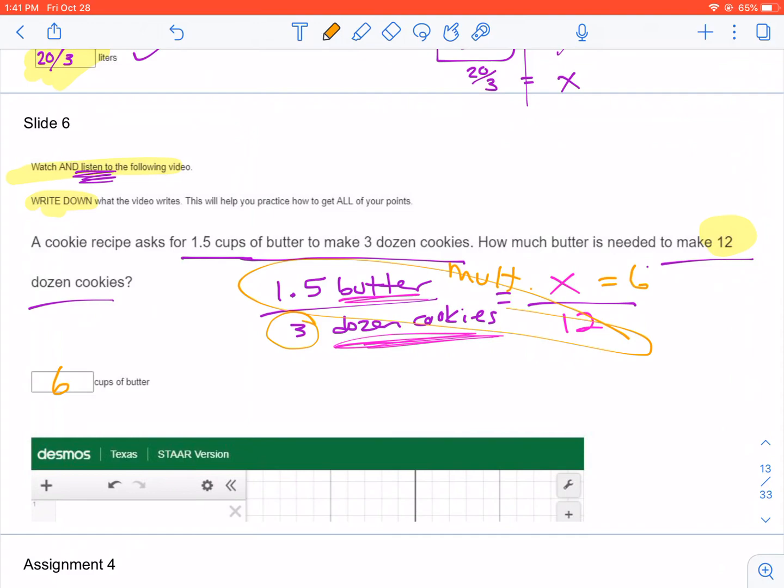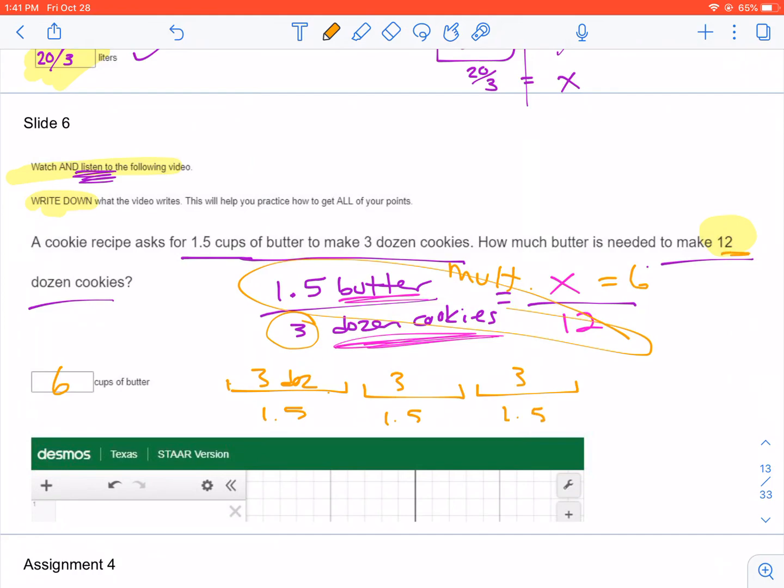If you want to check yourself to make sure this makes sense, you can say 3 dozen cookies is right here, and that's 1.5. So that's 3 dozen. For another 3 dozen, that's another 1.5. For another 3 dozen, that's another 1.5.